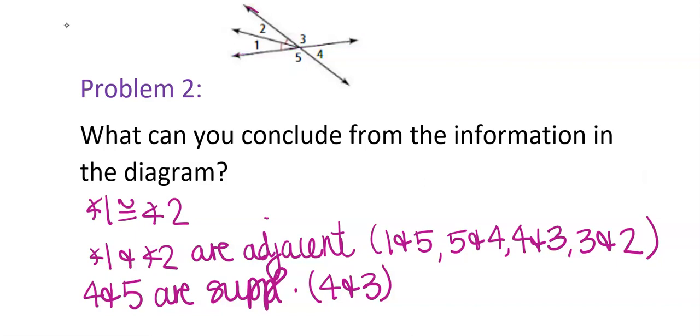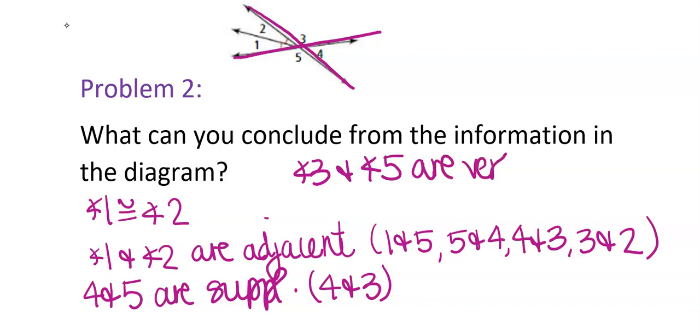If you look at these two, they form an X. So you can say angle 3 and angle 5 are vertical. I think that's about it.